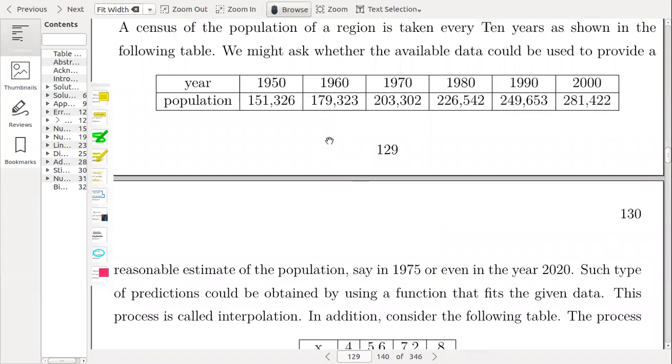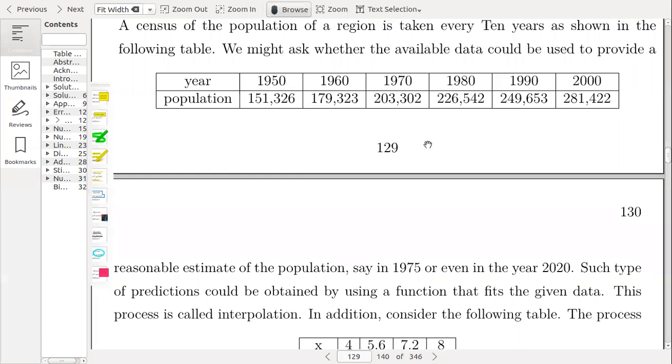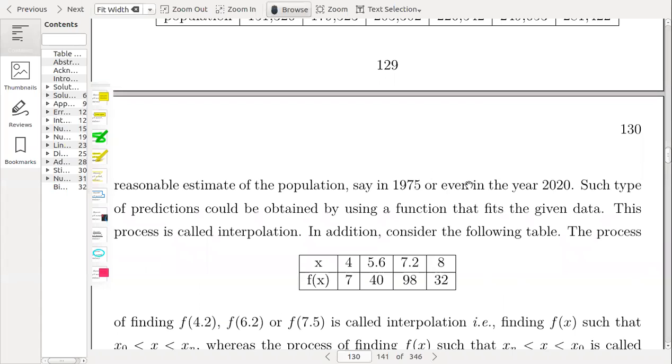And for the value 1960, the function has to return the value 179,323. So if we construct the function which manipulates the given data, then we will use this function to predict the data which is not given.